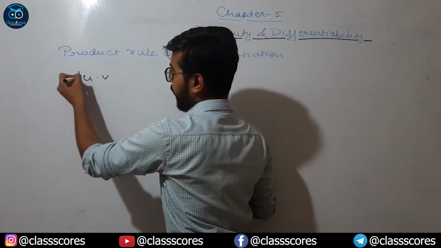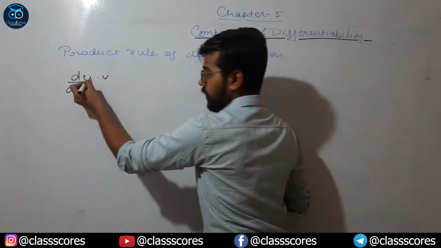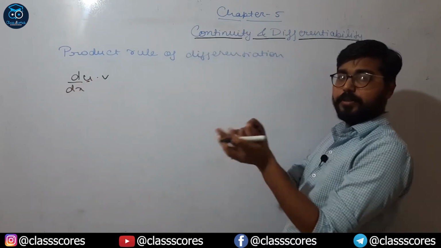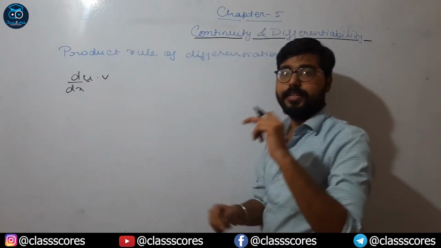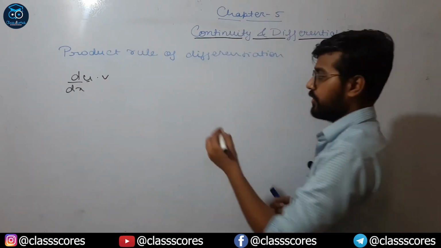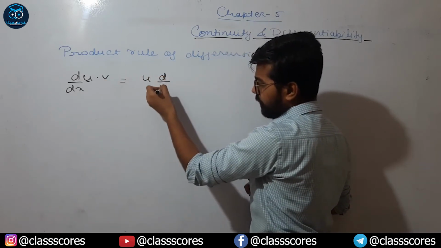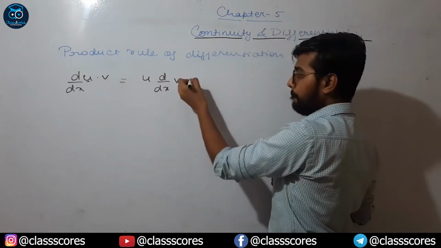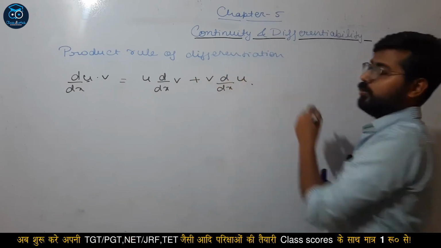So we can write d upon dx of u into v. First u will be differentiated and v will be considered as a constant. Then next v will be differentiated and u will be considered as a constant. So it will be like this: u d upon dx of v plus v d upon dx of u.